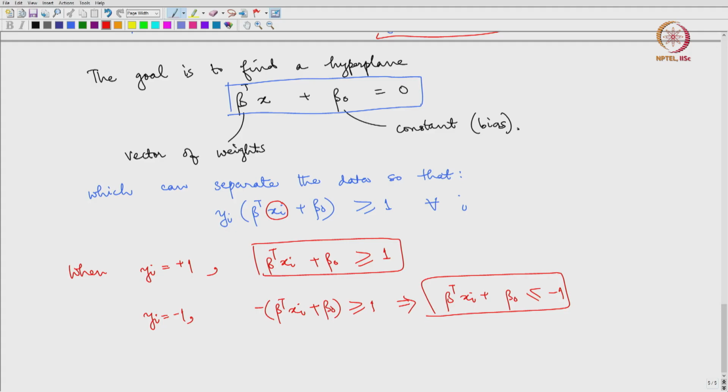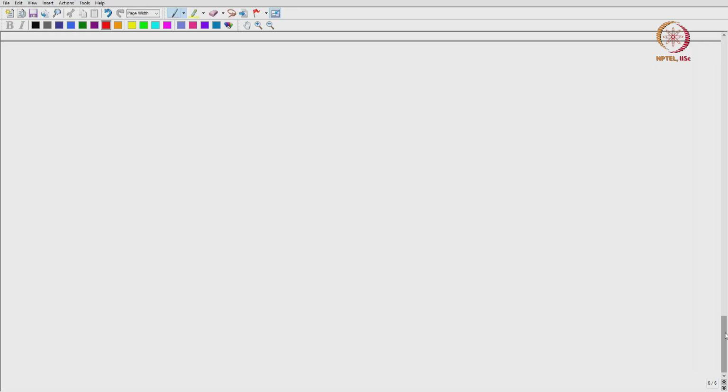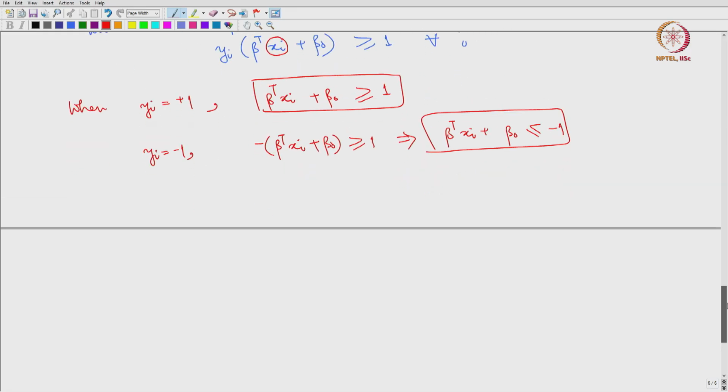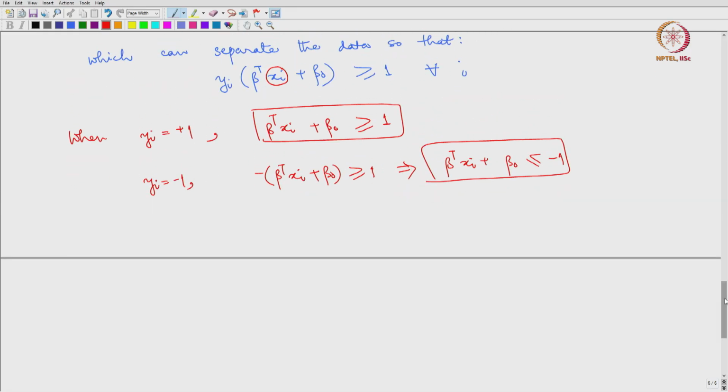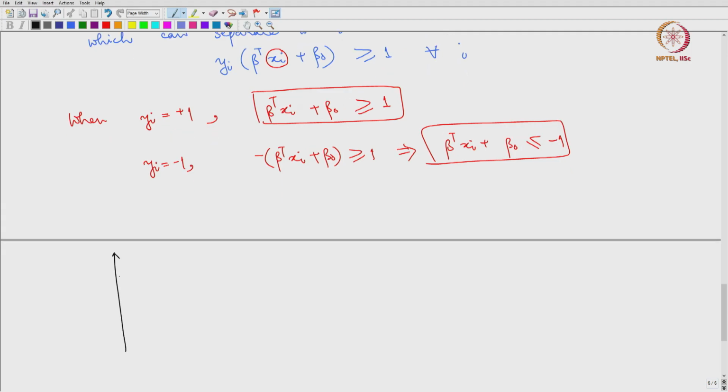Okay. And we can go back and draw the diagram that we had shown a little while back, where it had become clear what the hyperplane is. Although we had sketched it in 2D, it is really applicable for any number of dimensions. It is just that we are sketching a 2-dimensional version of it.